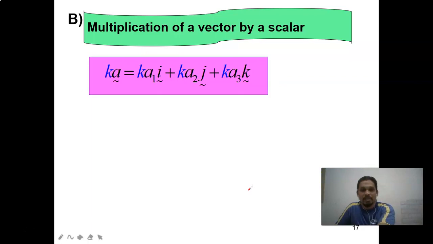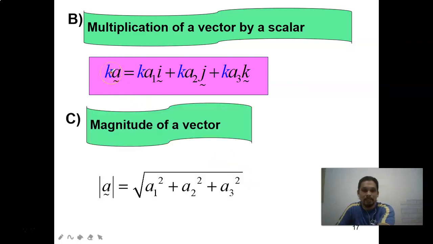Multiplication of a vector by a scalar. So vector A we multiply with k. Let's say I'm given here the vector A equal to 3i minus 2j plus k, then 2 times A means 2 multiplied with 3i minus 2j plus k.